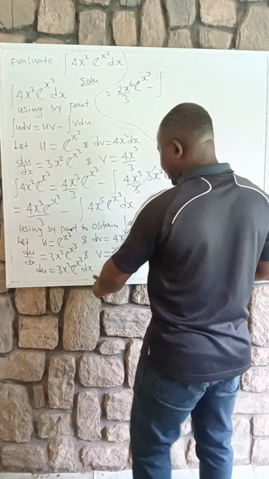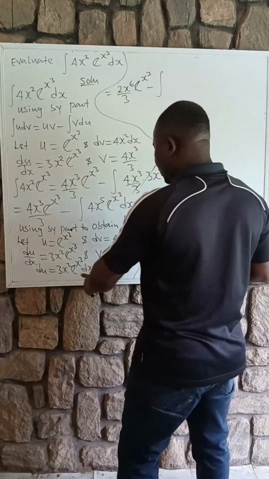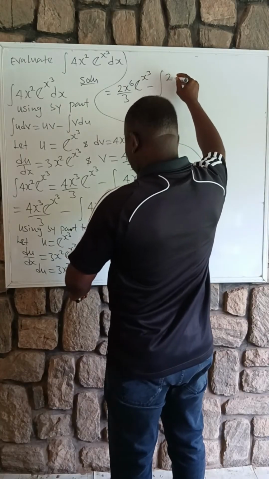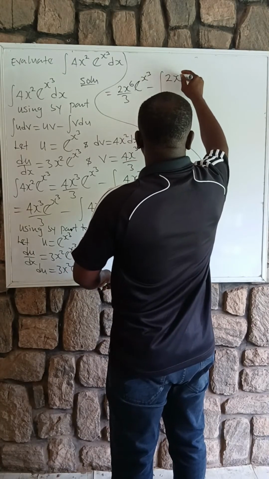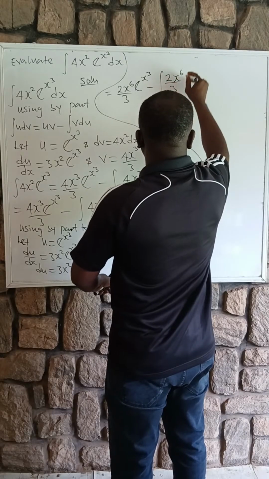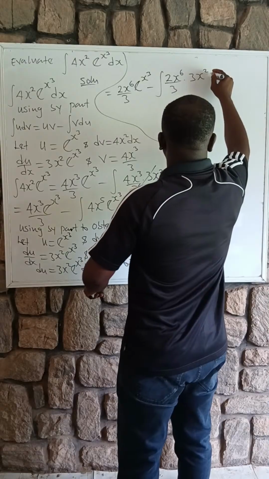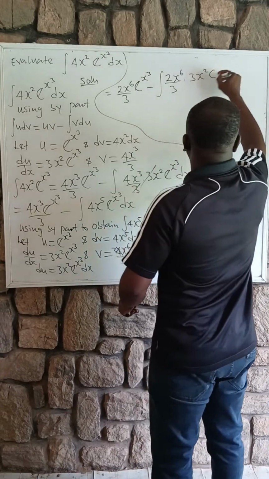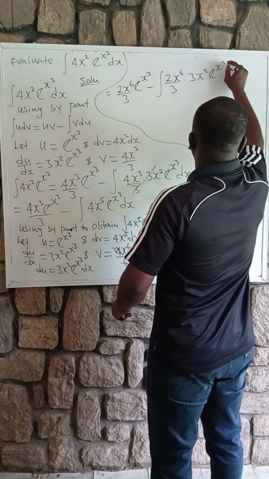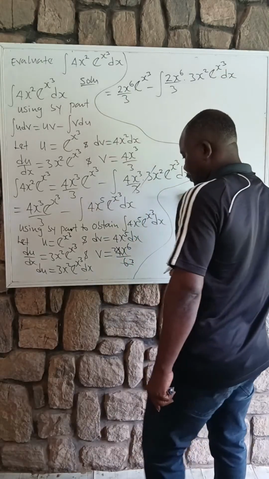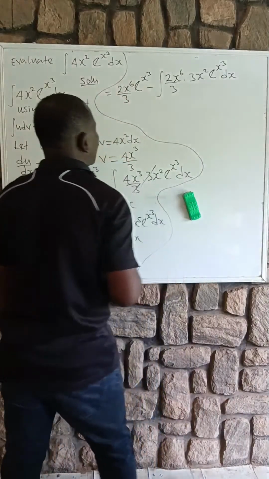Our du is this, right? So here we are going to have 2x raised to the power 6 all over 3 times 3x squared exponential x raised to the power 3 dx. True or false? It's true.